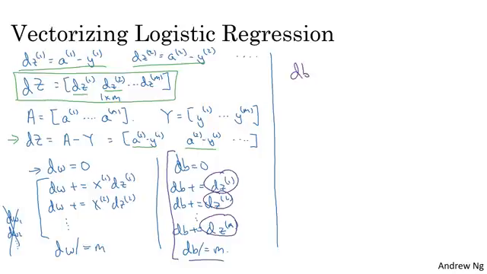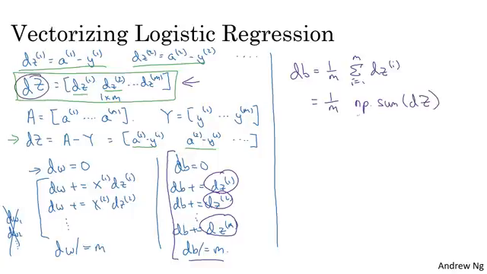So db is basically 1 over m, sum from i equals 1 through m of dzi, and all the dz's are in that row vector. And so in Python, what you do is implement 1 over m times np.sum of dz, right? So just take this variable and call the np.sum function on it, and that will give you db.